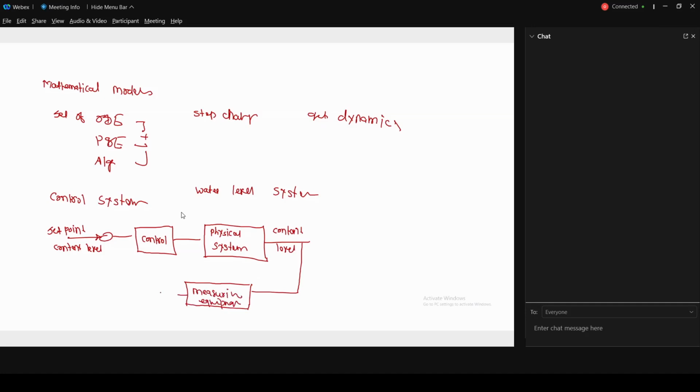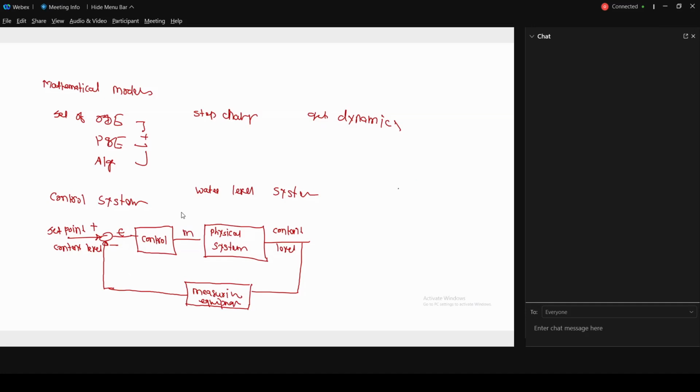Then that measured level you will supply here, and it gets subtracted from the set point. The set point, the desired value, minus your current value goes here and gives you the manipulated variable which is identified. That manipulated variable goes into the system. So this is the block diagram of the control system.